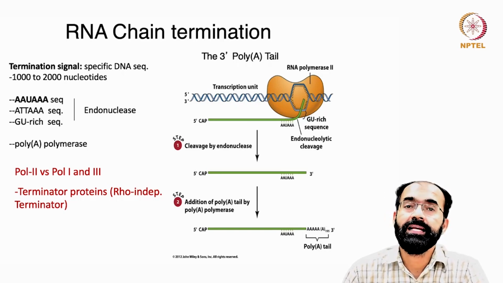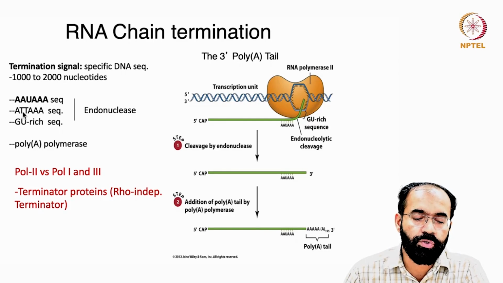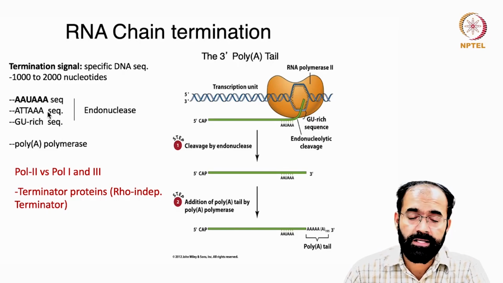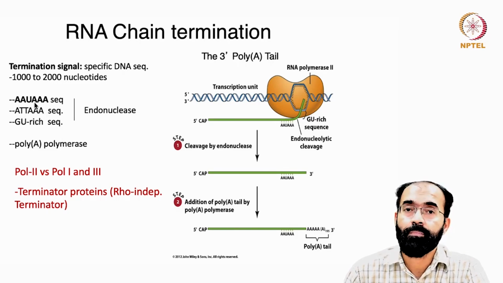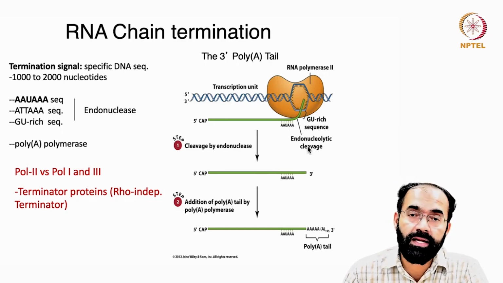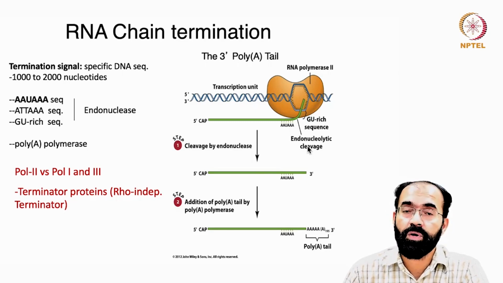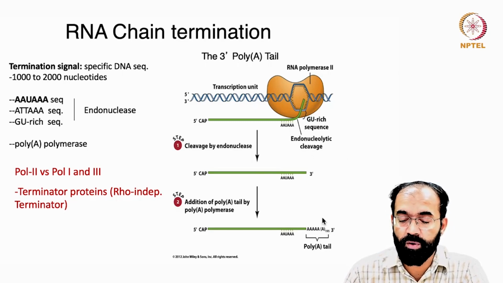The poly A signal is a unique sequence, as you saw here, AAUAAA or AUUAAA, or in DNA it is AATAAA or ATTAAA. Only these two sequences are the predominant poly A signals, which are recognized by the endonucleases to cleave, and which in turn are recognized by poly A polymerase for the addition of the poly A tail.